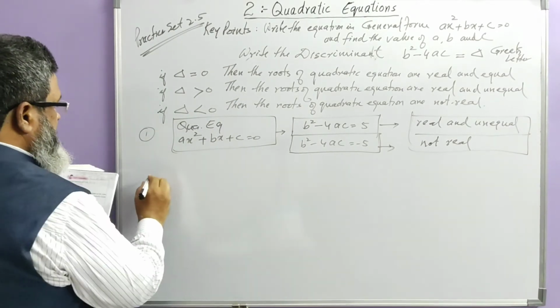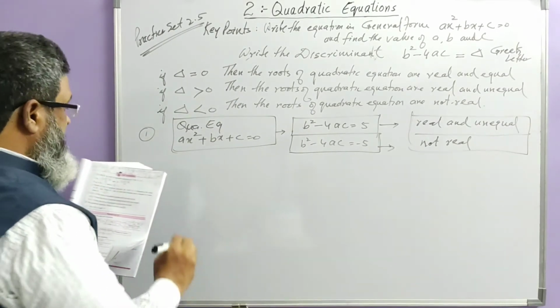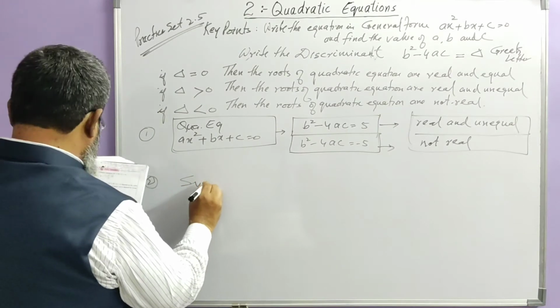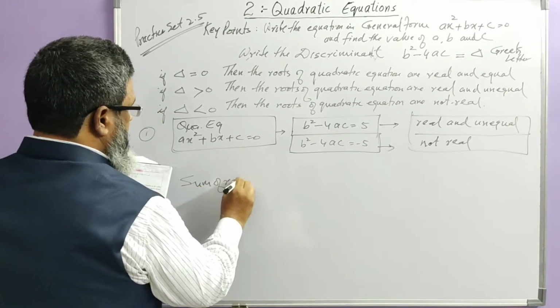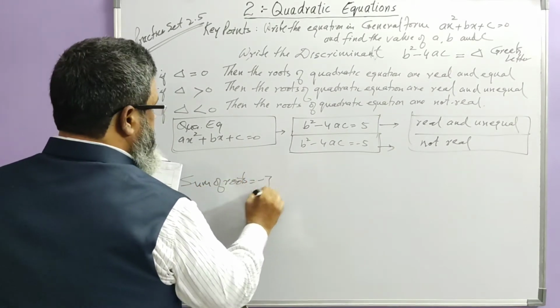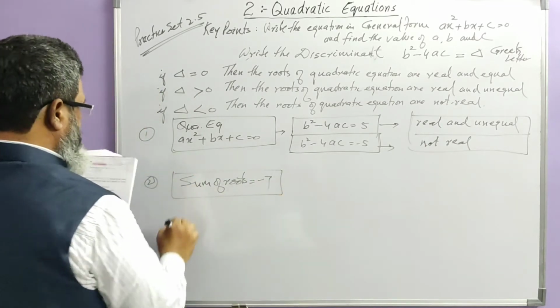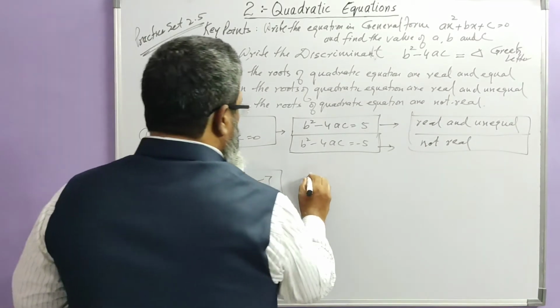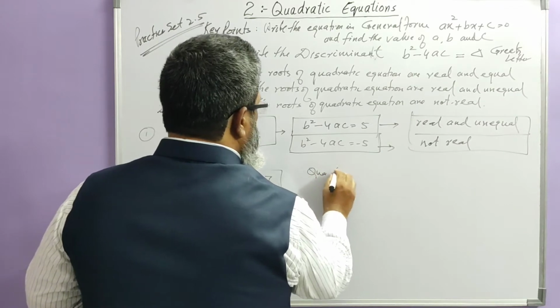Now second question. The sum of roots is minus 7, it is given, and you have to write the quadratic equation.